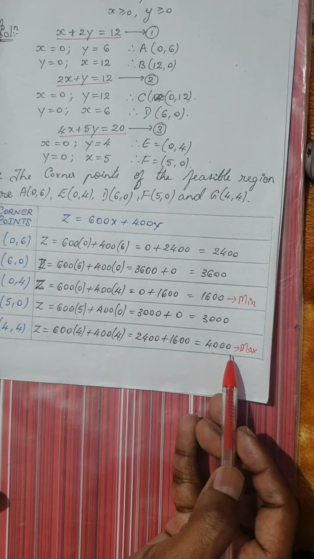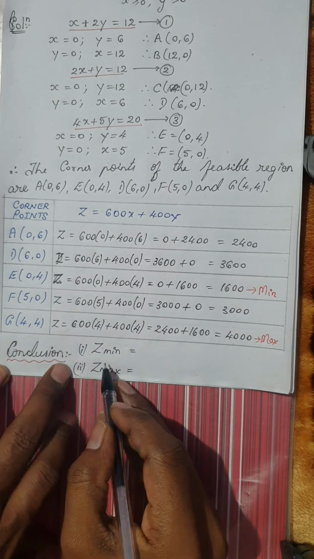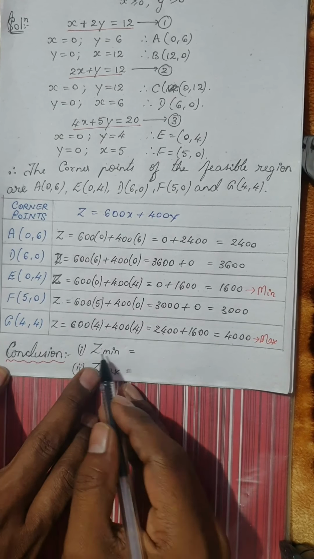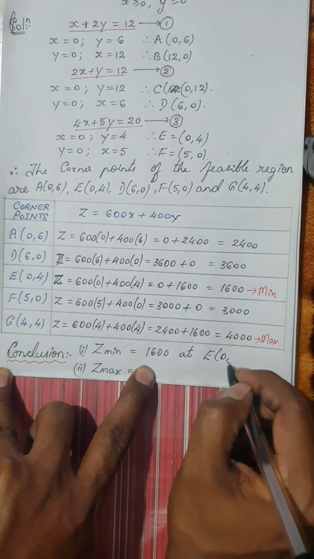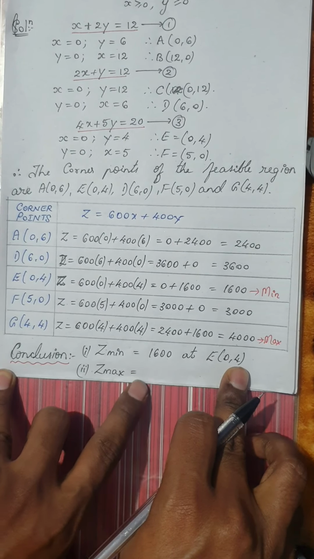My work is almost over. Let us write the conclusion. You have to write both minimum and maximum values. So Z minimum is 1600 at the point E, which is 0, 4. Naming is not required, but the point coordinates are required.